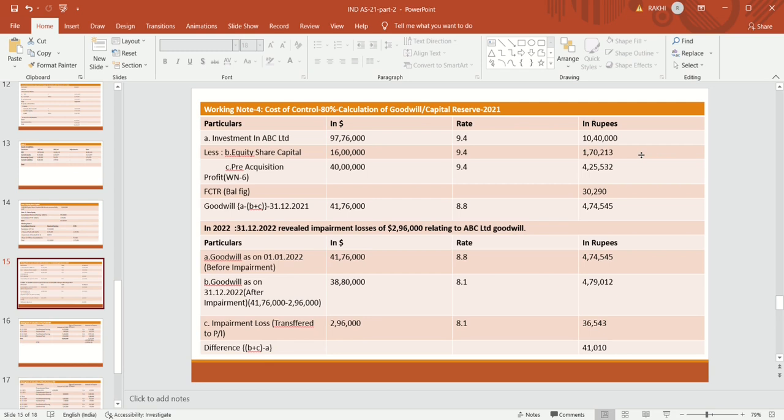We will reduce from that investment the share of equity share capital percentage which is taken by the holding company. So from 20 lakhs, 80% gives rise to 16 lakhs, and pre-acquisition profit 50 lakhs into 80% gives rise to 40 lakhs.